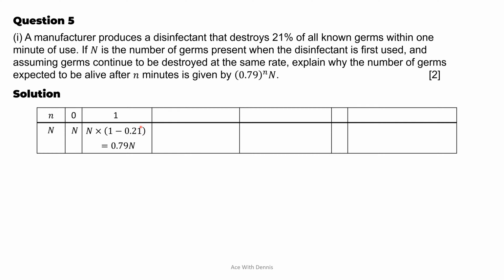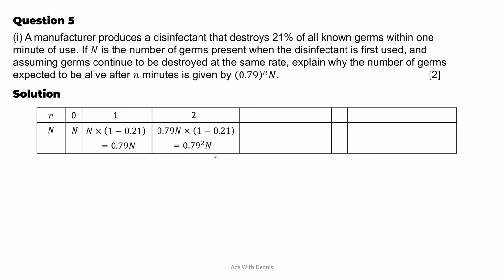So when n is 1, it will be 0.79N. Now we move on to when n is 2. What will happen? It will be 0.79N, which we get from here, multiplied by 0.79 again, which means that another 21% of the germs are destroyed.